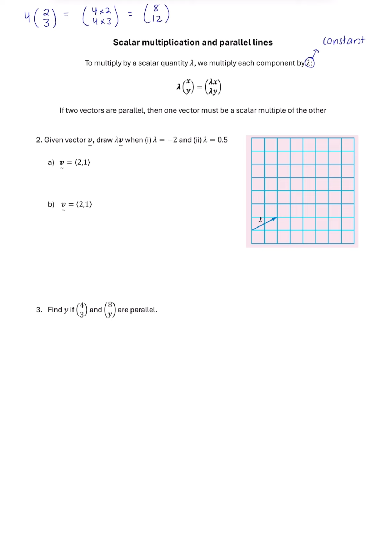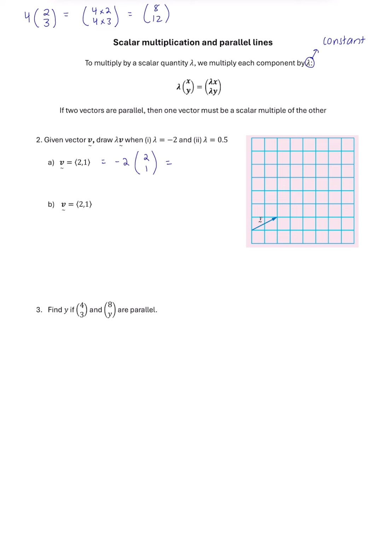So here, looking at my example down below, what the question's asking for is that we're given vector v and we want to draw a vector where the scalar multiplication is -2 and another instance where the scalar multiplication is 0.5. So here what that would mean is that essentially I have my scalar of -2 out the front of vector 2 and 1.